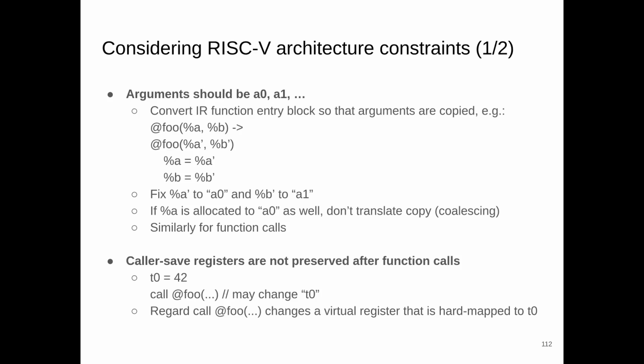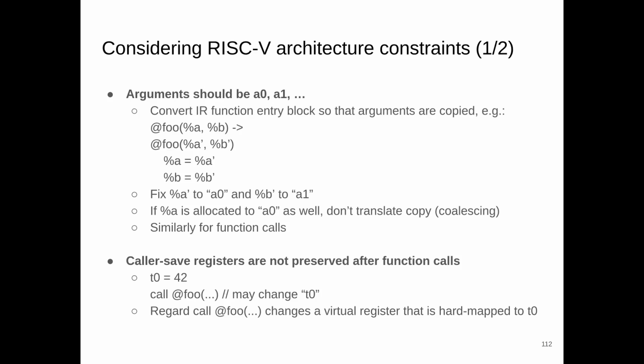And you are going to color other registers, including A and B, according to the previously mentioned coloring algorithm. And in that way, you can just plug these architectural constraints into the coloring algorithm.